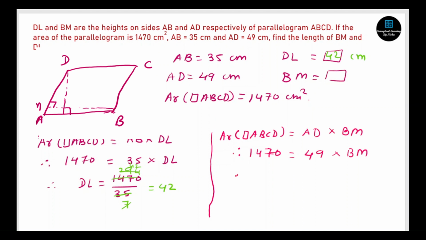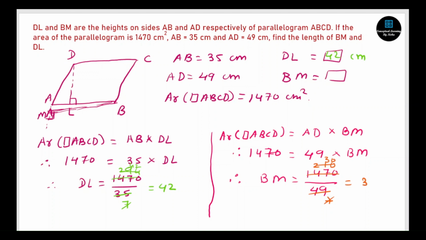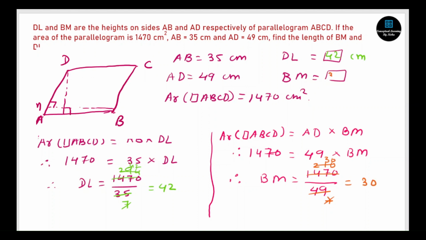Now divide both the sides by 49 to get BM. So BM equals 1470 over 49. Again, we'll cancel out to get the answer. So 7 times, here 7 times and 7 3 times. So I'll get 30. So BM equals 30 centimeter.